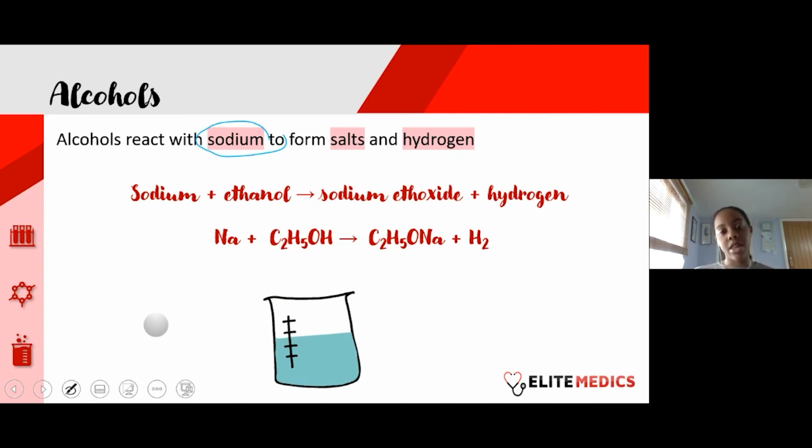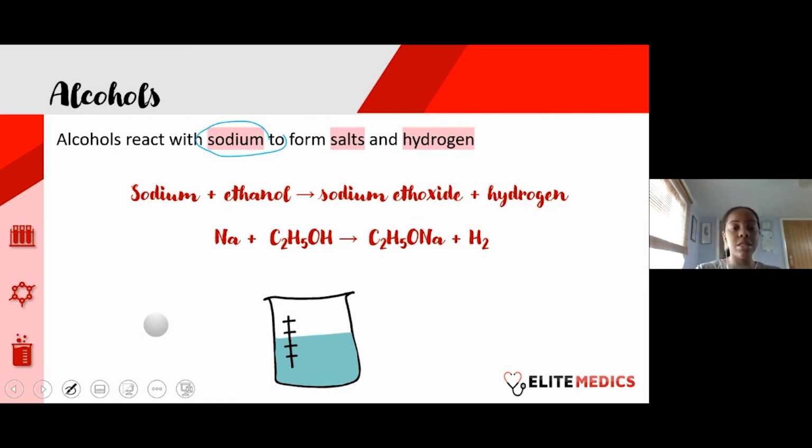All right. So interestingly, the way that we name these salts would be slightly different. It's not what you would normally use. When you react a metal with an acid, you would say sodium, the name of the metal, plus the name of the salt that the acid makes. This follows a similar structure, but the second names of the salts that it makes are slightly different.